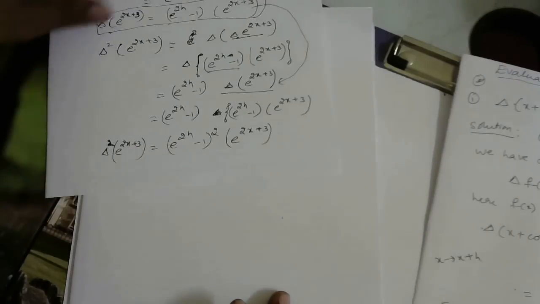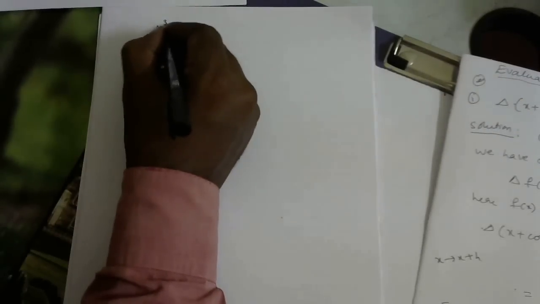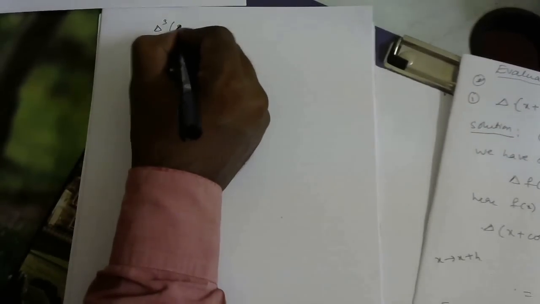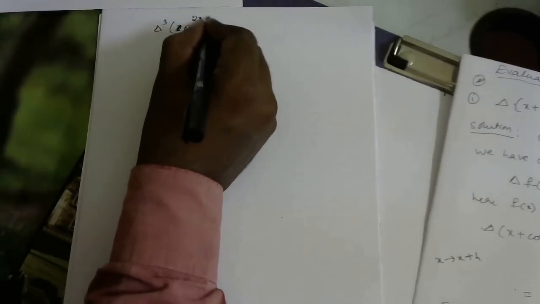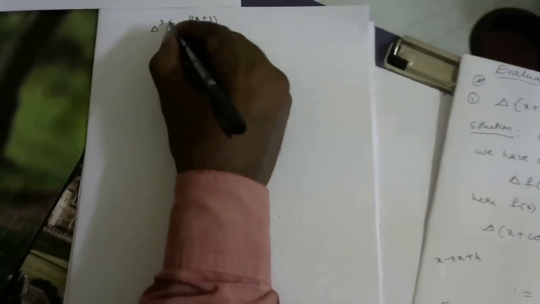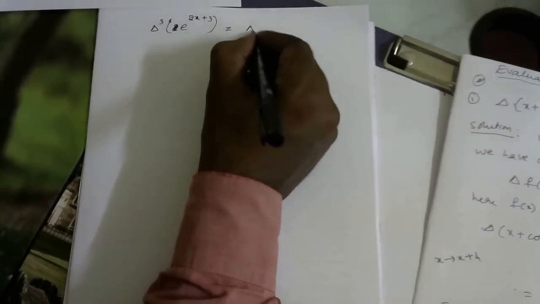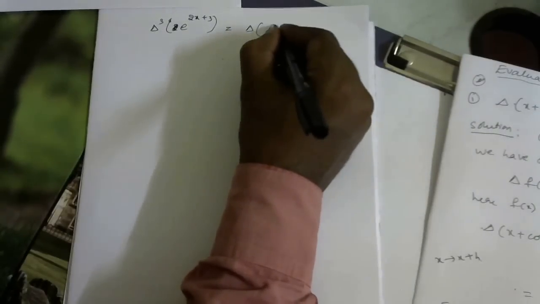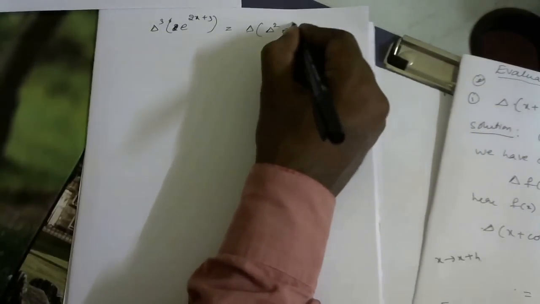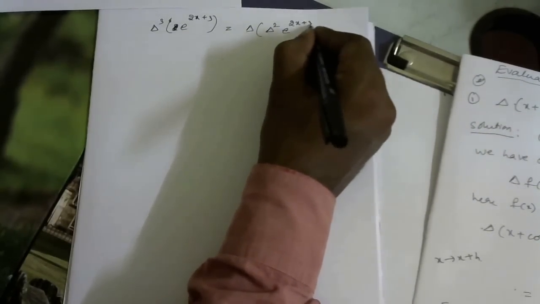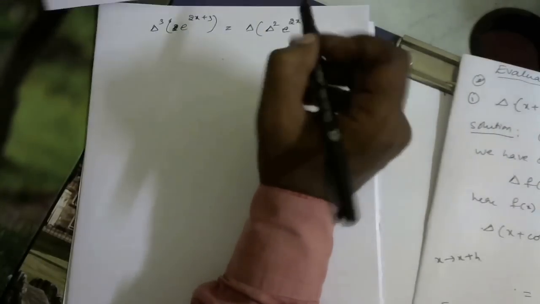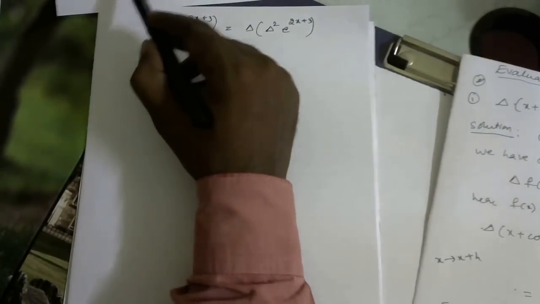Now go for delta cube. So delta cube into e to the power of 2x plus 3 can be written as delta into delta square e to the power of 2x plus 3. So what is delta square e to the power of 2x plus 3?